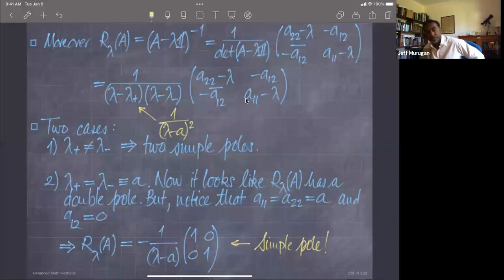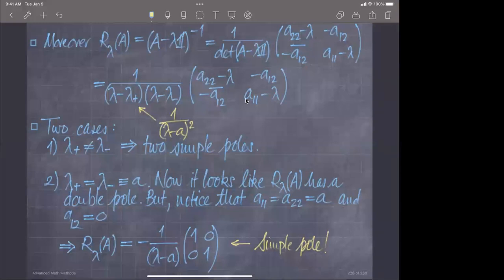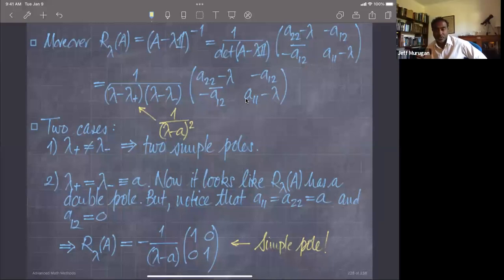That factor. Do you agree with that? Right. So that looks like a double pole, which contradicts what I said: if A was Hermitian, then its resolvent can only have simple poles. But now I just showed you something that looks like a double pole, because I said if you want to talk about the pole structure of the resolvent, here's where you got to look.